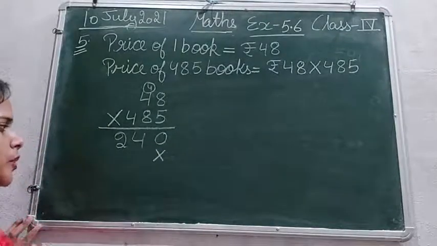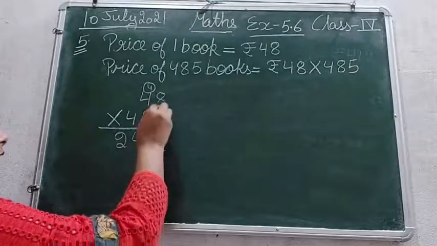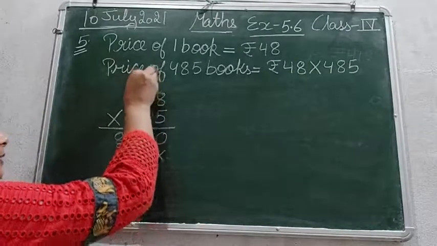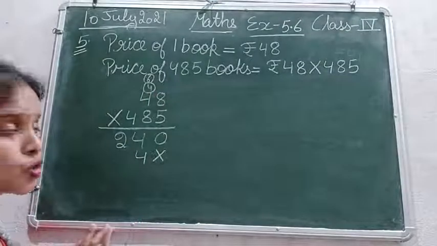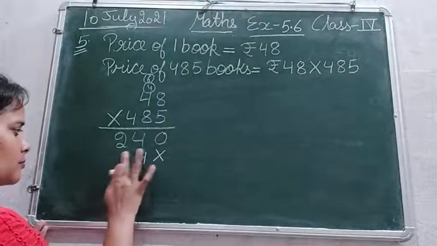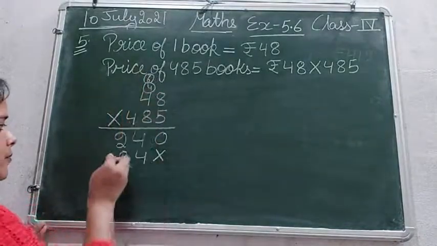We are going to put a cross here. Now let's multiply 8 with 48. 8 8s are 64, 4, 6 will be carried above. 8 fours are 32. 32 plus 6, 38.